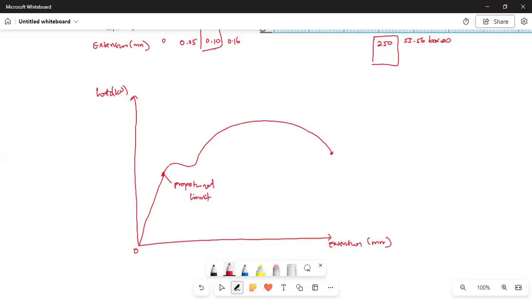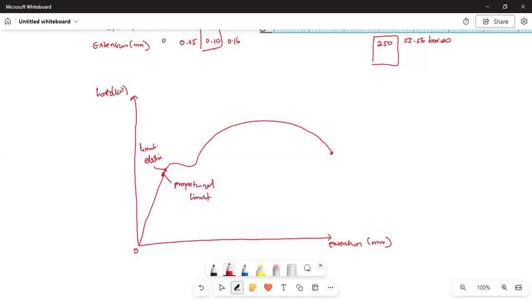Just above the proportional limit, you have the elastic limit.